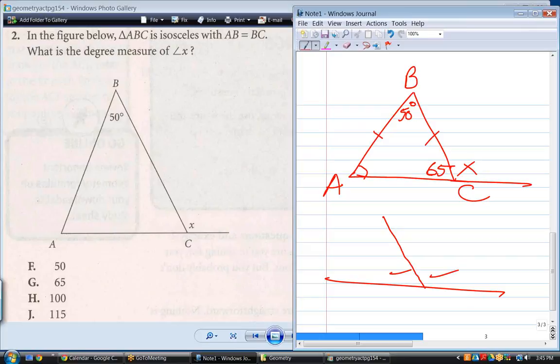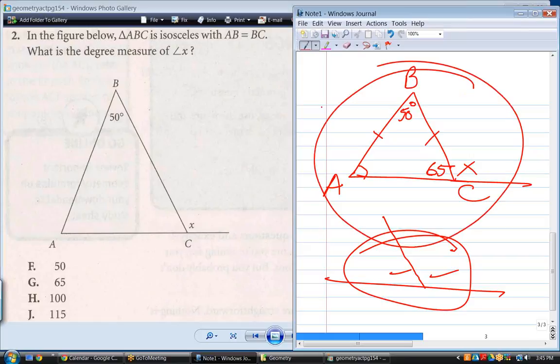180 is like a magic number in geometry. If you want to get good at something, be able to subtract numbers from 180, because you're going to be doing it for the next year at least. Seriously. Mainly because of two things. Because of that, those two have to add to 180, and because of this, the sum of the angles of a triangle have to add to 180.